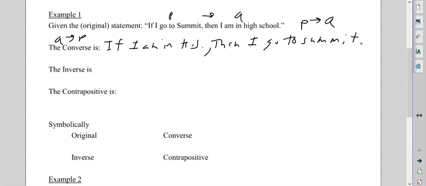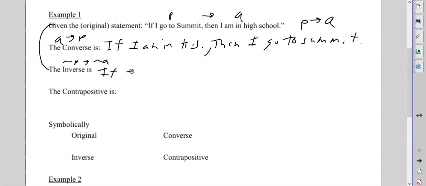All right. The inverse goes back to the original one. So these two are kind of tied together. The order is still the same. Okay. It's not P, then not Q. So basically we are negating both statements.